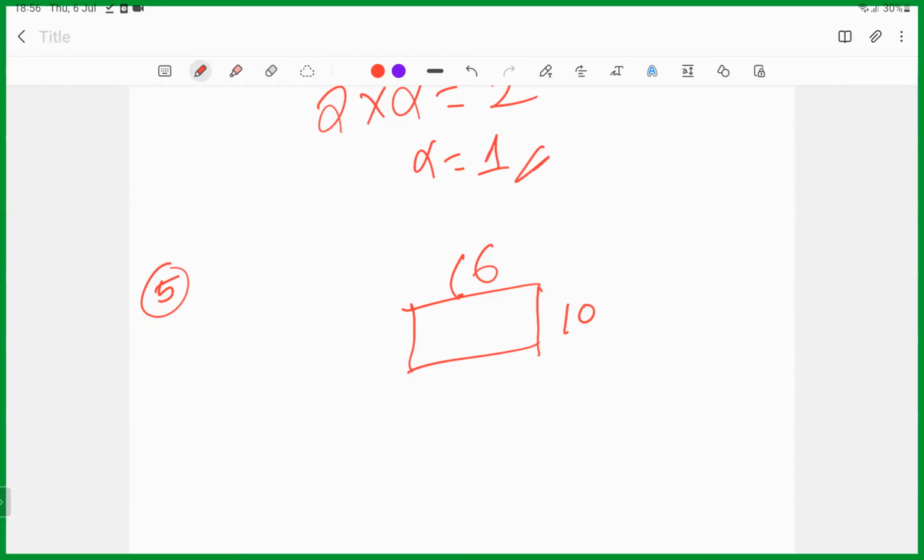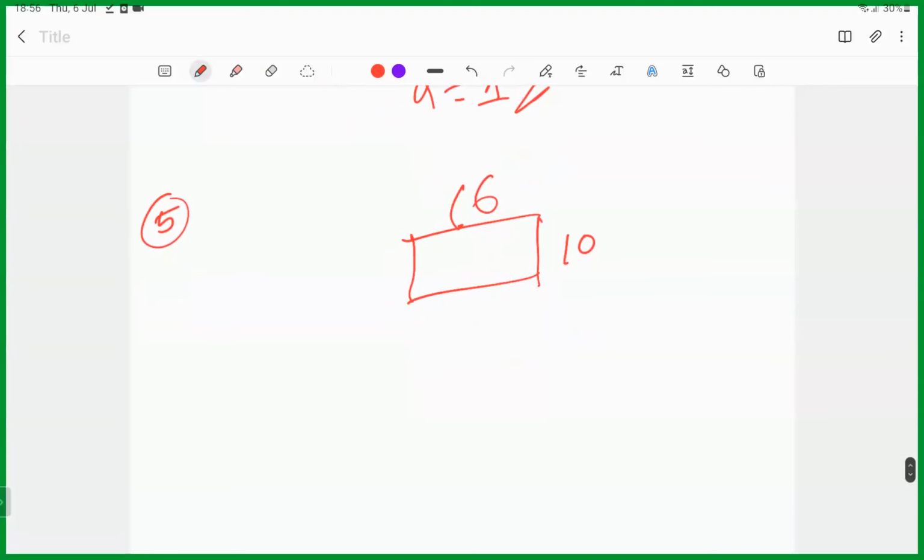But around it. How did you solve it, Vijay? How much did you get? How did you get?